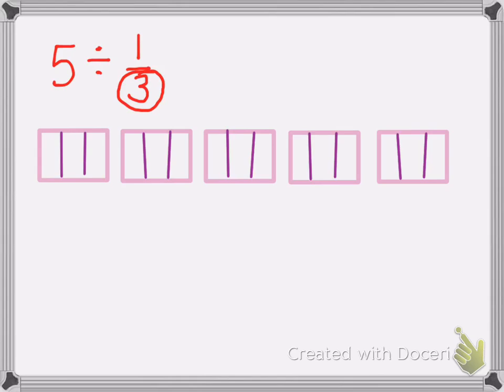So there's my 5 whole boxes. I split them into thirds, and then I'm going to make groups of 1/3. Well, that's easy. I just have to count them. There's 1, 2, 3, 4, 5, 6, 7, 8, 9, 10, 11, 12, 13, 14.